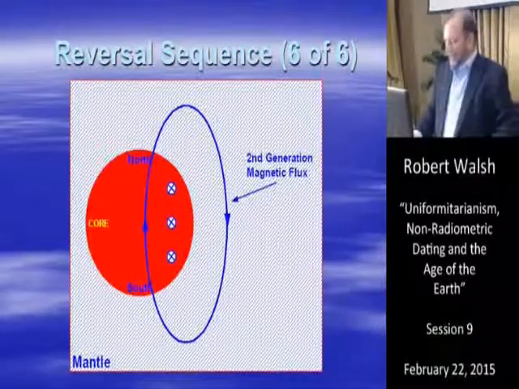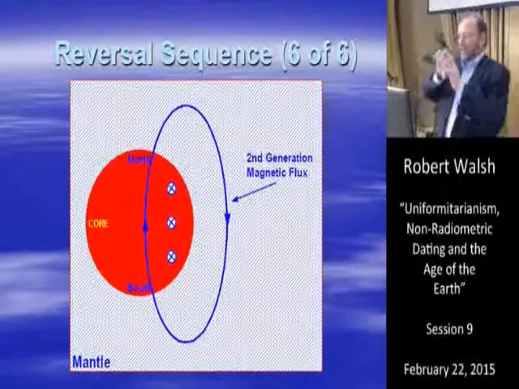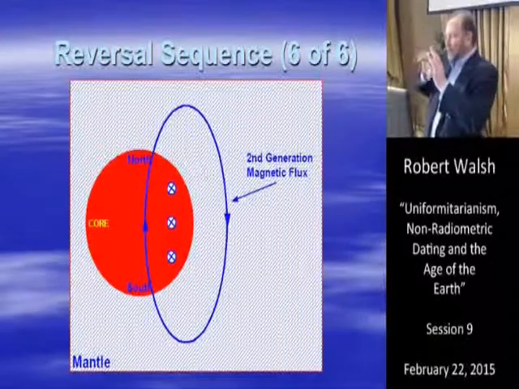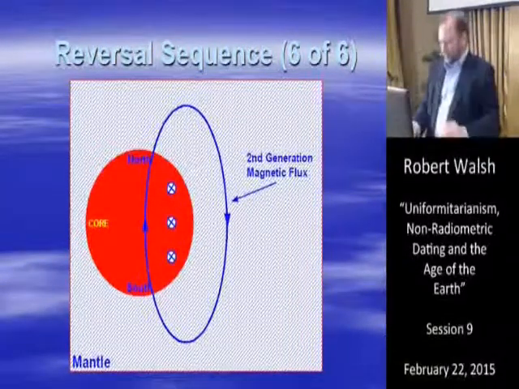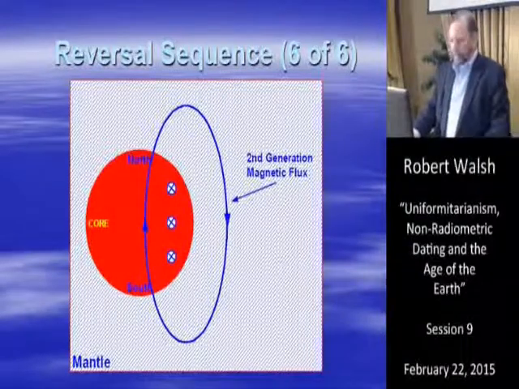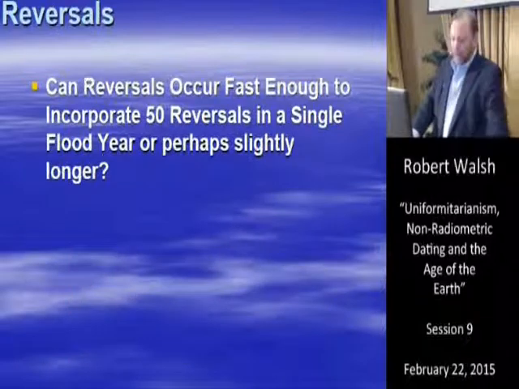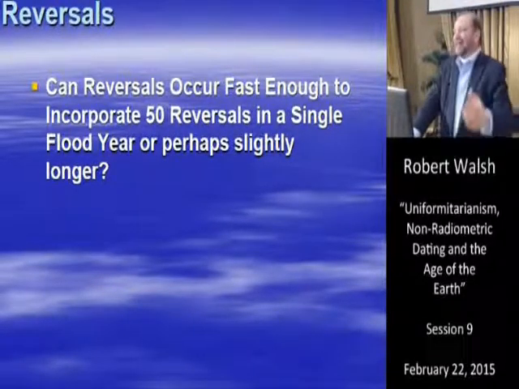It's complicated, but that's essentially what's happening. As these little parcels of hydromagnetic material move out, they actually reverse the field. So that's Humphreys' model.